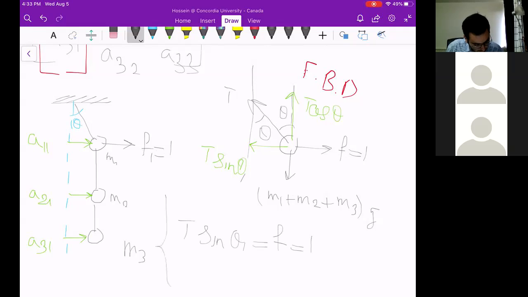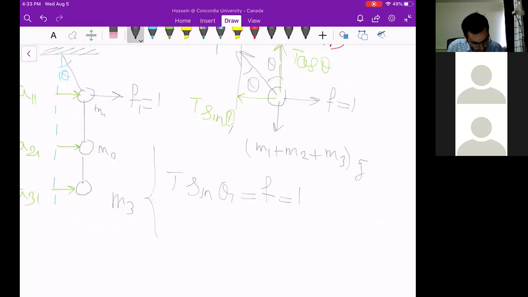On the other hand, T cosine theta1 is equal to M1 plus M2 plus M3 times g.